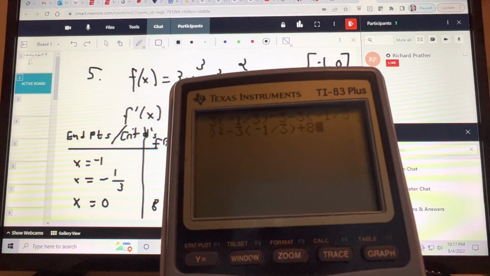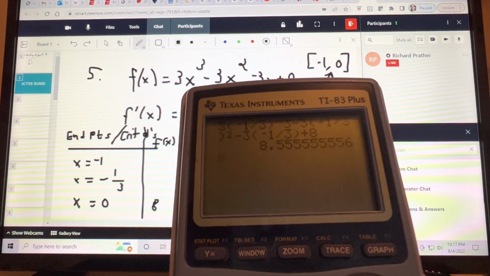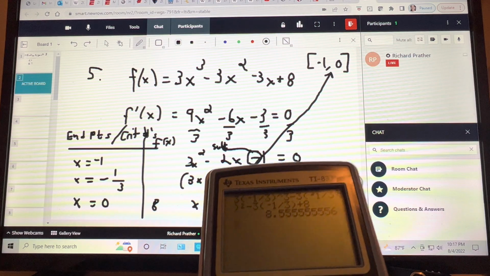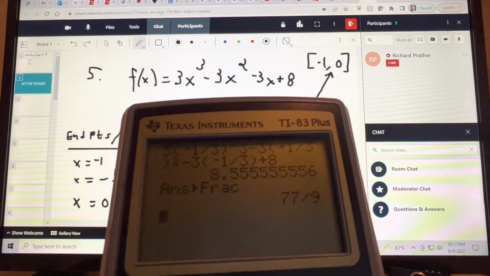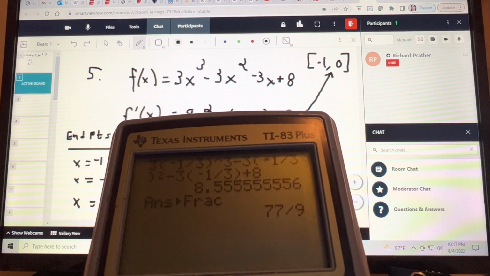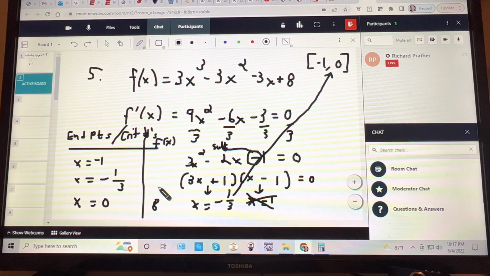So the y value when I plug in negative 1/3 is 8.5555, and then if I do math, enter, it turns it into a fraction because that's what they usually prefer. 77/9, but know that it's approximately 8.6.